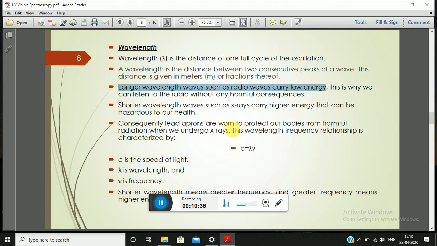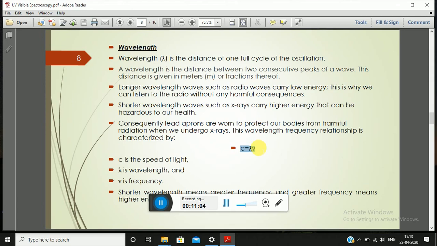Now, the relationship between wavelength and frequency can be given by the equation c = λν, where c is the speed of light, λ is the wavelength, and ν is the frequency. Looking at the above equation, we can say that wavelength and frequency are inversely proportional to each other.